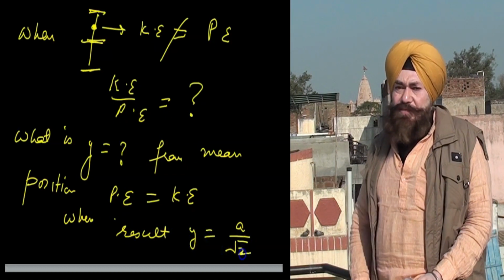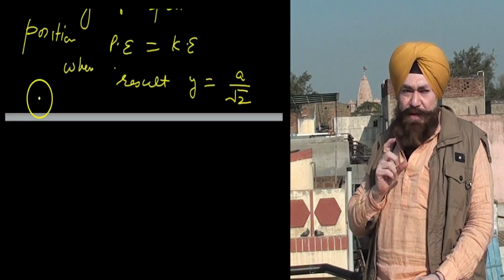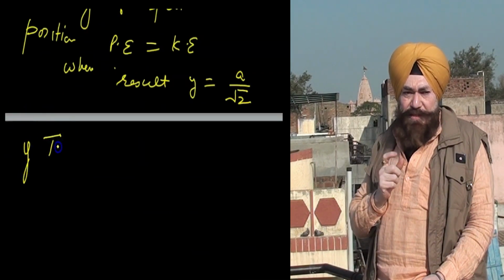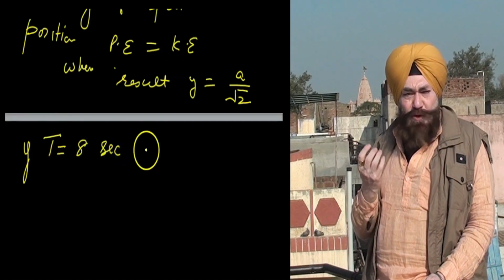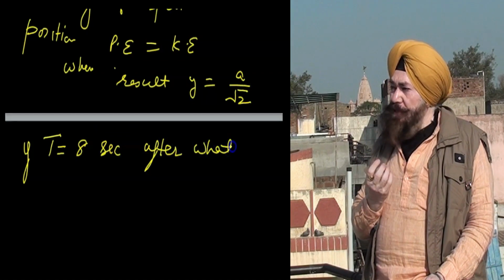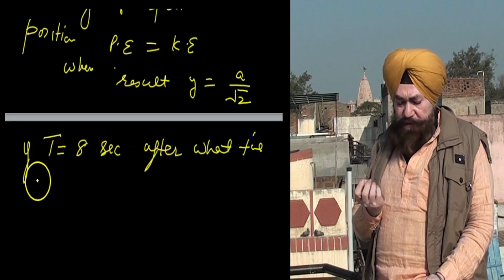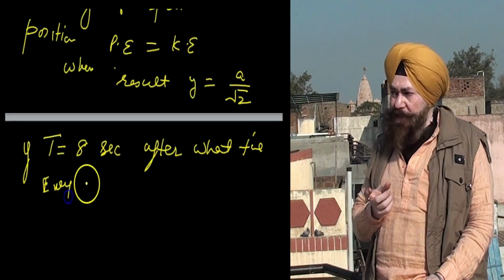Then there is one more question. If the time period of SHM is 8 seconds, they can ask after what time the energy will be half kinetic and half potential.